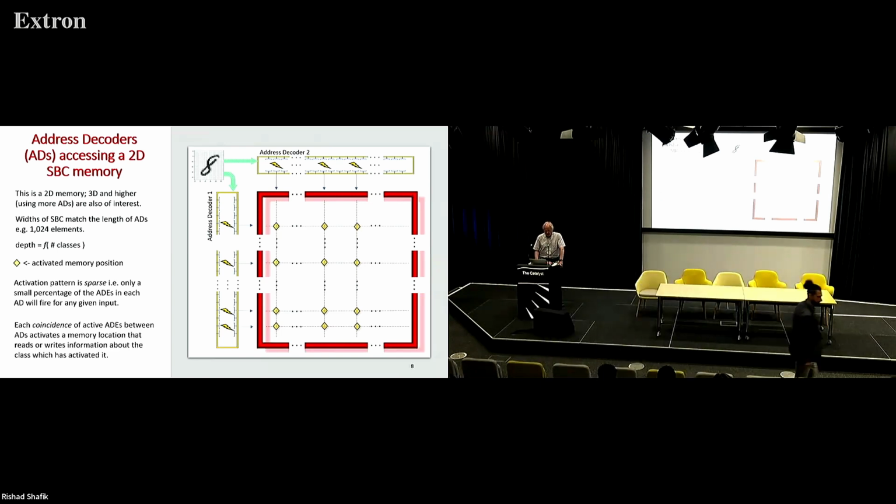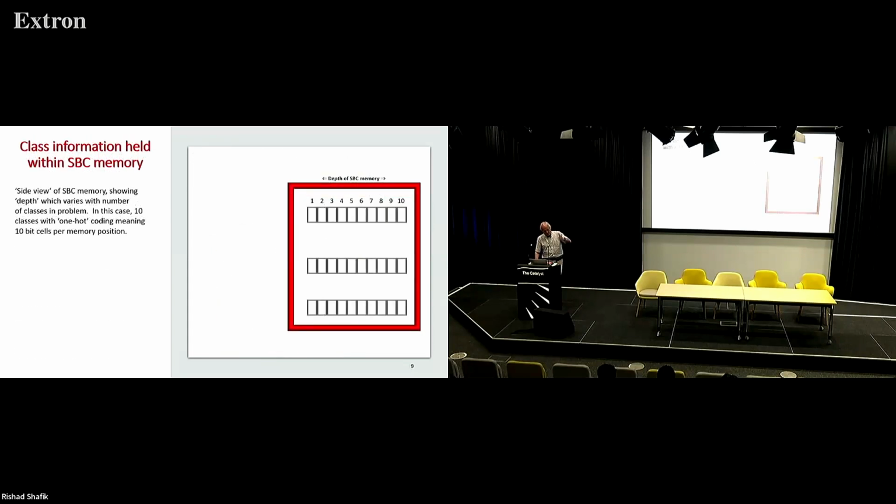And when that memory location is active, then it performs a function. The function depends on whether we're training the memory or classifying with the memory. But basically, this activation process that's illustrated here is the same for both operations. Now, if we look at a particular column, we see a number of memory locations activated in that column, and then we take a cut across that column.